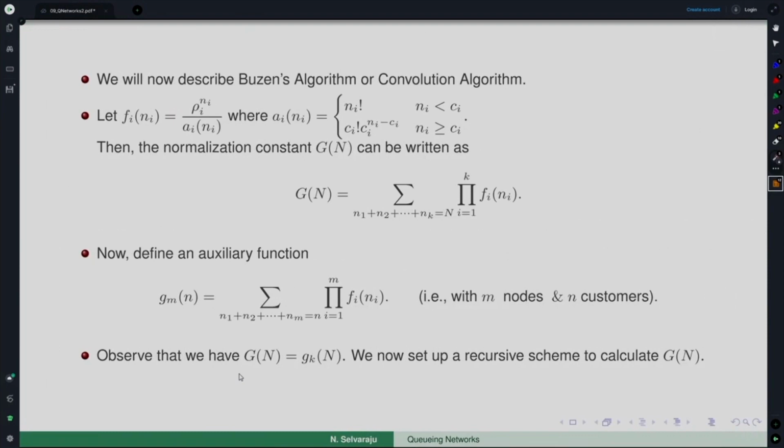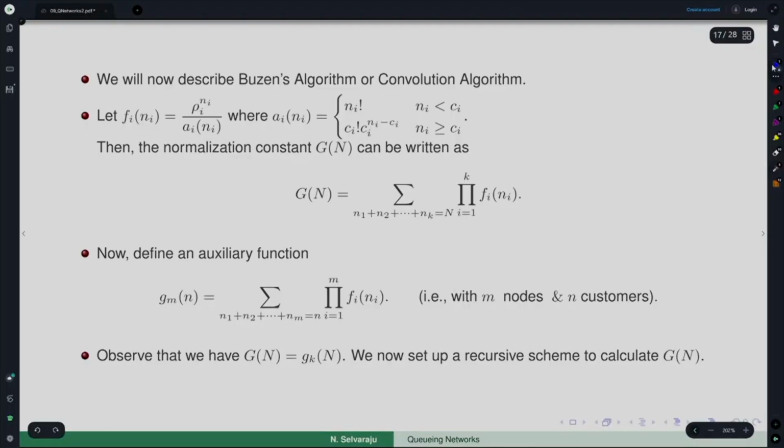Okay. So, let us call this factor, which is the product factor in the product form solution, whatever the product term is, let that factor be called fi of ni. So, here we are writing it in general for a multi-server case. If you specialize this algorithm to the single server case, then you can get some neater expressions for certain performance quantities of interest as well.